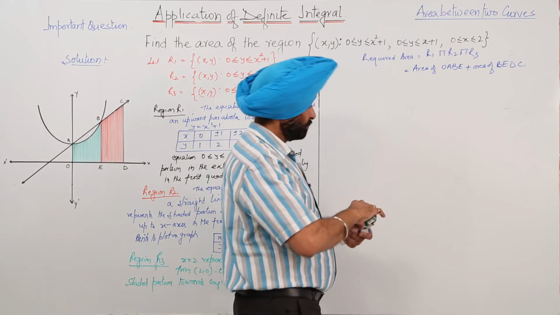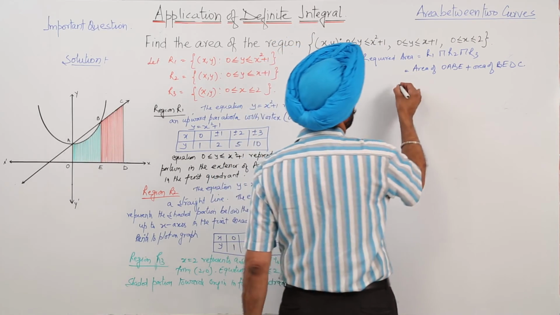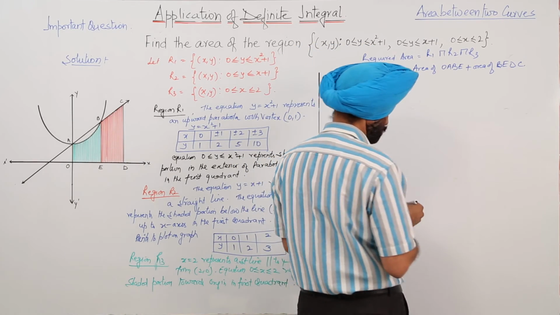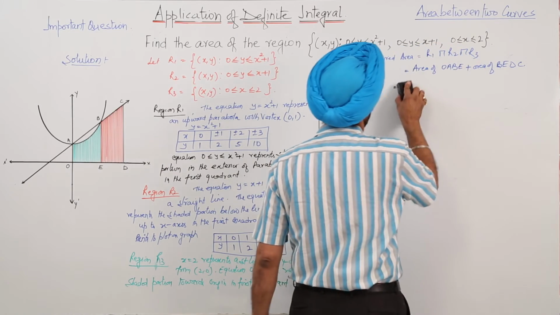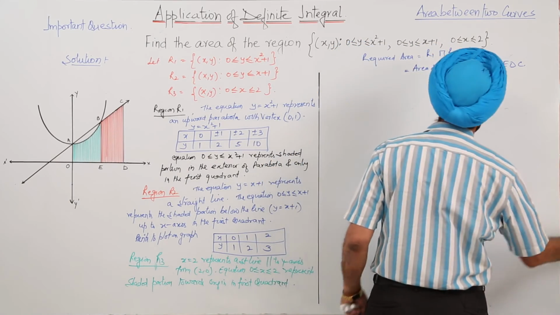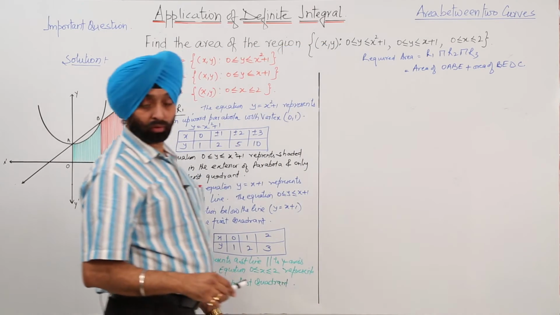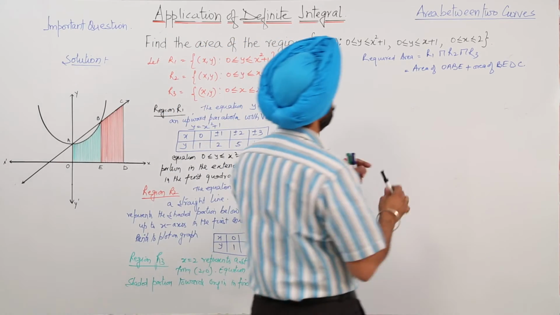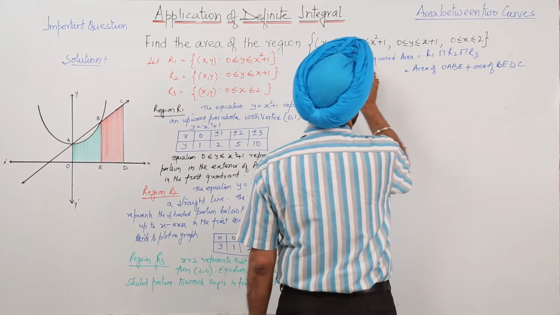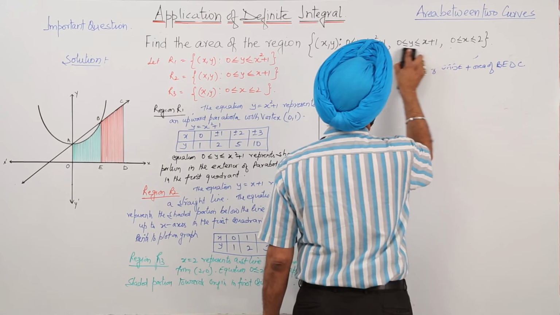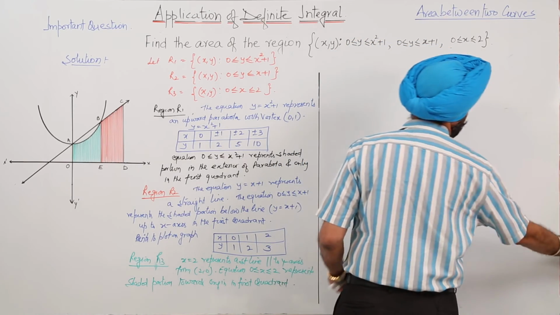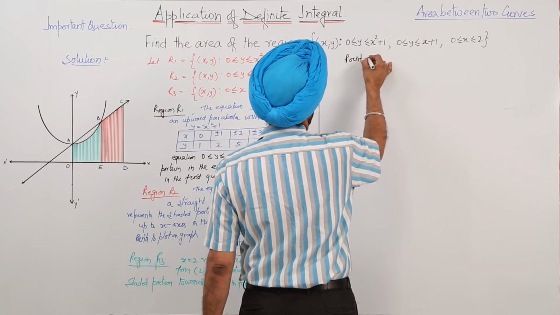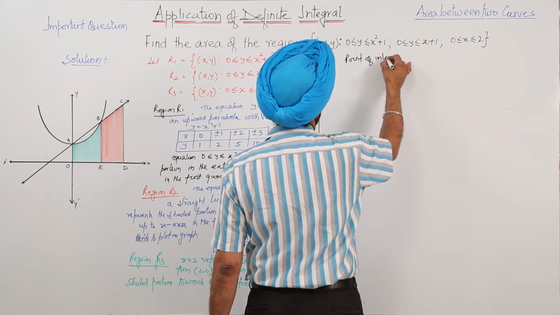Now, before proceeding for the required area, we have left the points of intersection. Okay, so I am sorry for this part. First I have done it. Now let me write the points of intersection first.